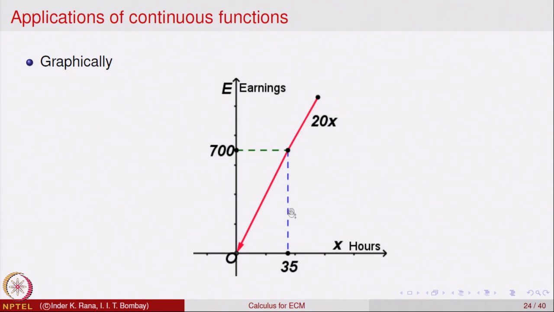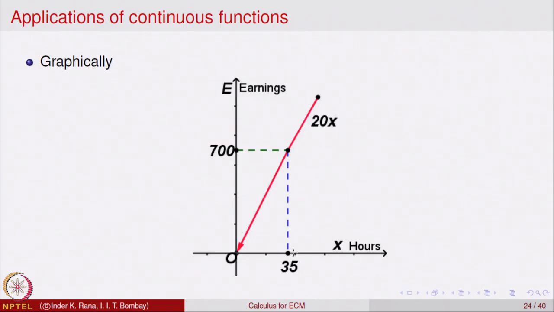If he works for 5 hours at 20 rupees per hour, he will get only 100. So, to earn 700 rupees, which is the non-employment allowance given to that person, he has to work for 35 hours.